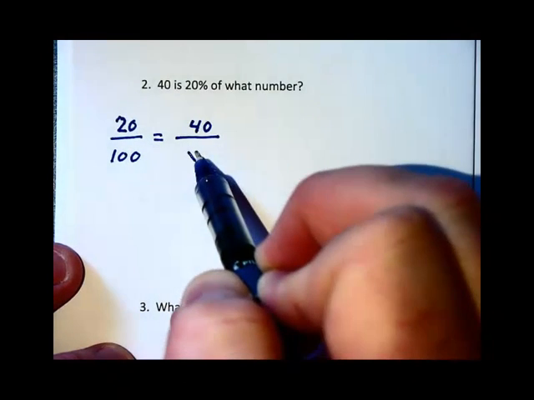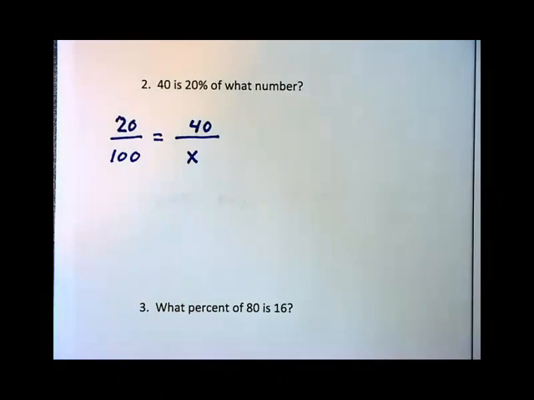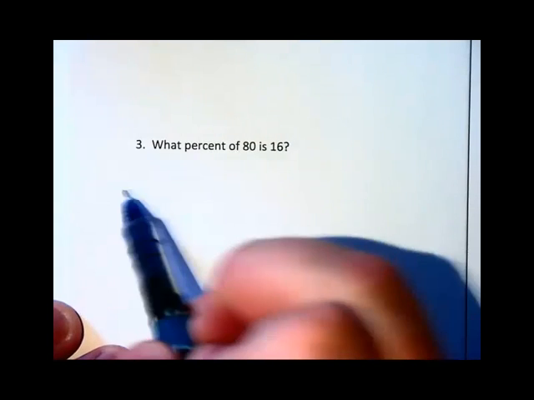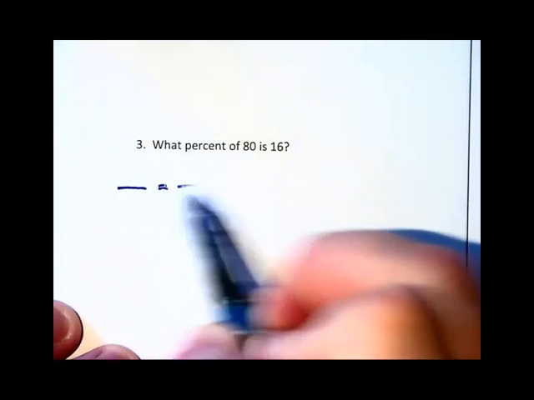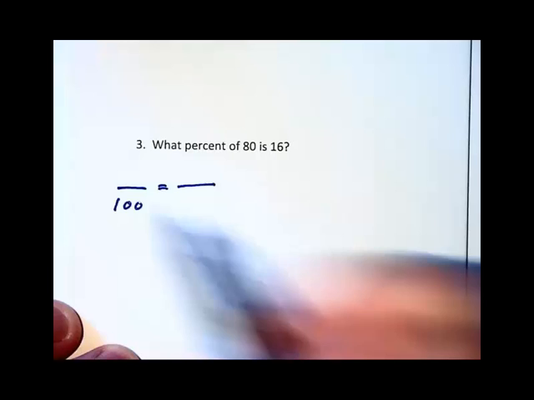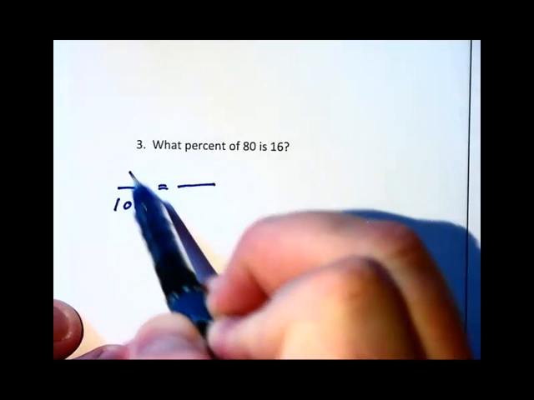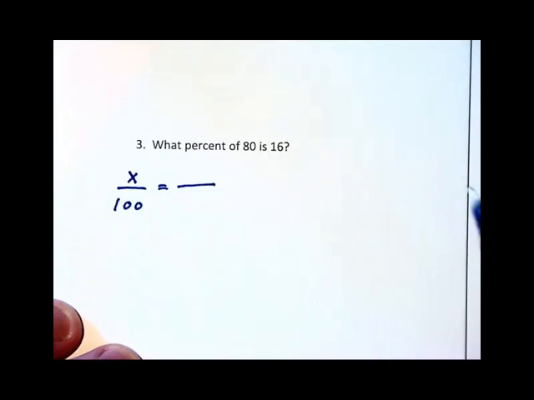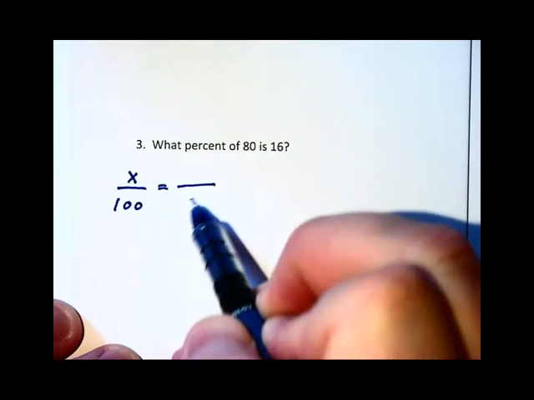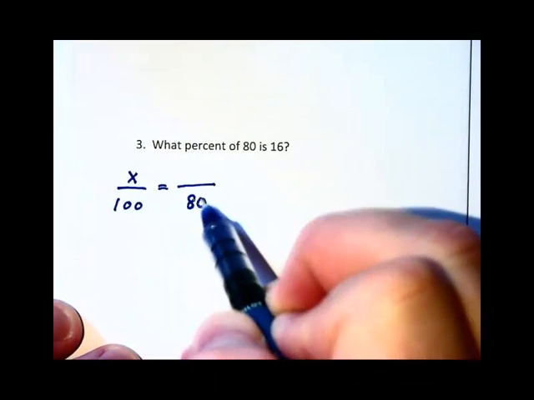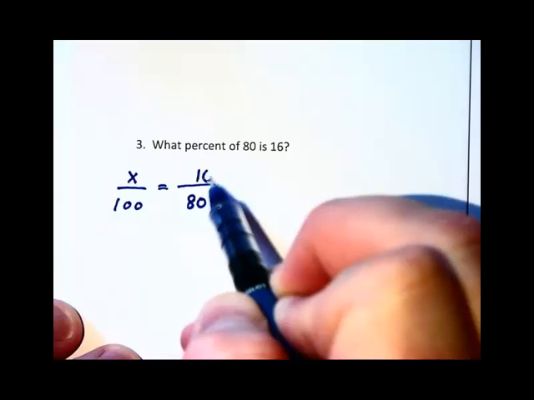Of what number? The of is the missing value down in the bottom right. In the third problem, again, fraction equals fraction, 100 on the bottom left. What percent? I'm missing the percent number on the top left. Of 80, of goes on the bottom, is 16.